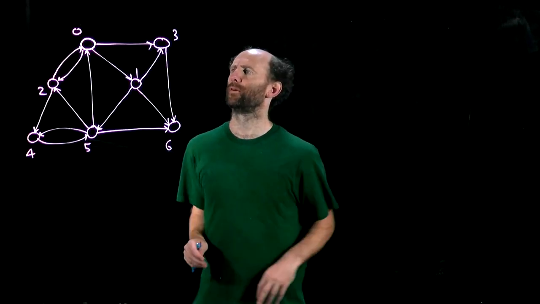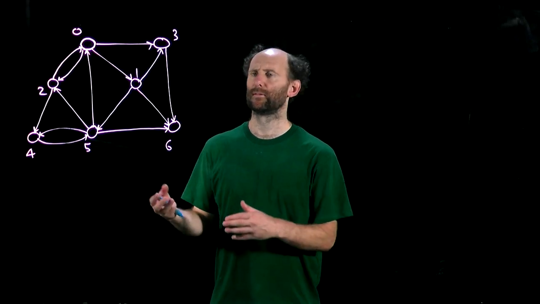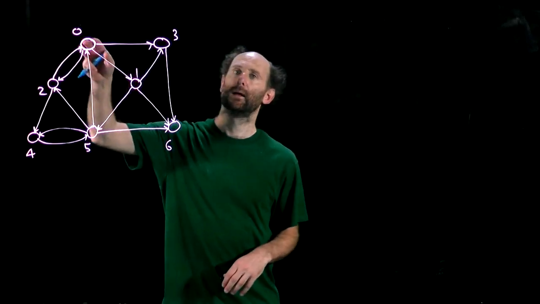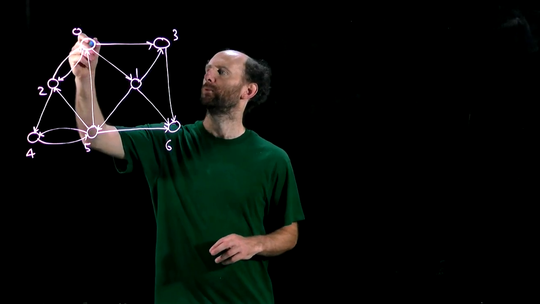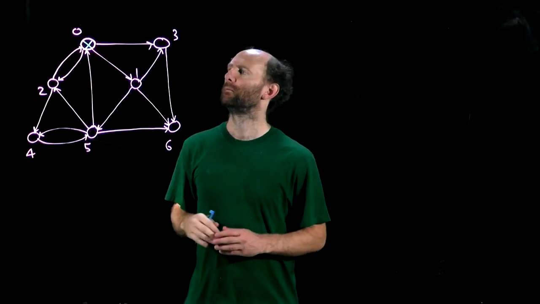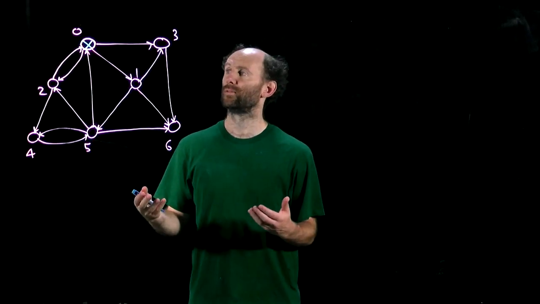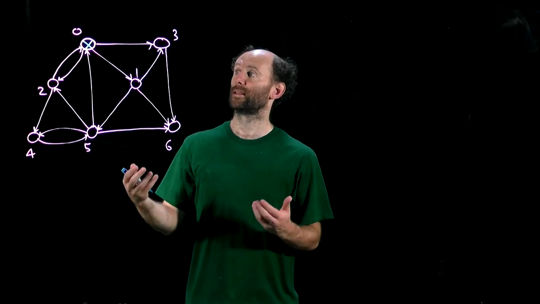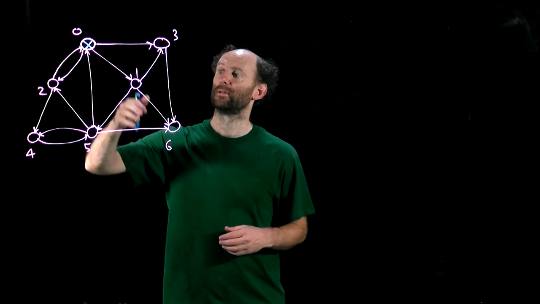Okay, let's do a breadth-first traversal of this digraph here, starting at node 0. We'll start by turning node 0 grey, then we choose the node that's been grey for the longest length of time. There's only one grey node, so it's going to be 0, and then we start searching its out-neighbours.